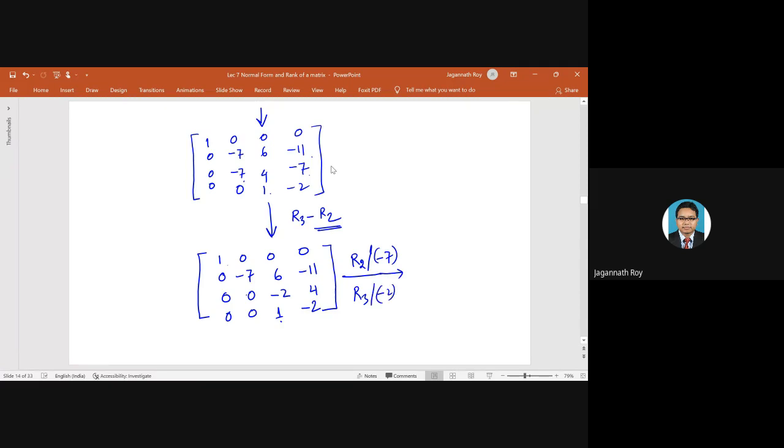You can do this division earlier also. There is no problem. The main target is to make them 0.